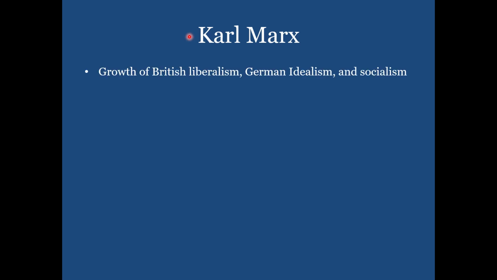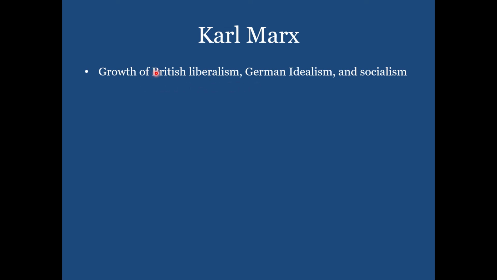Alright, so where does he come from, and why do we do him right after Mill? Well, basically, he grew out of these three fields of thought, and I'll explain them a little bit. British liberalism. It's almost like we just studied this, yeah. So Mill is one of, we'll call him, the middle figures of British liberalism. He's not the first, but he's one of the more important ones.